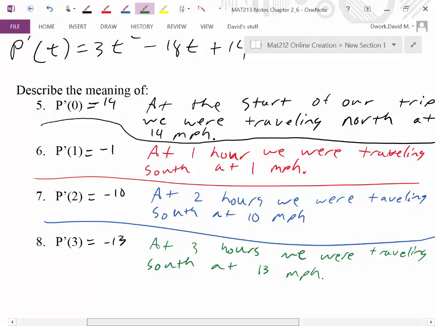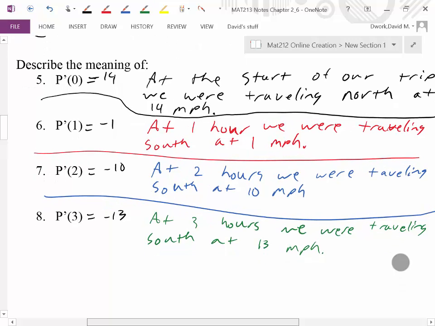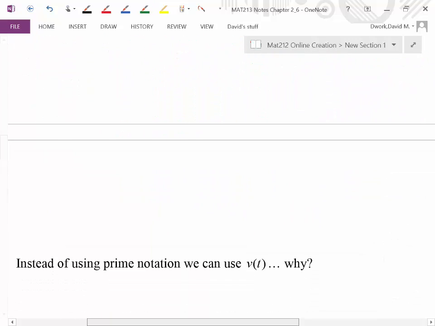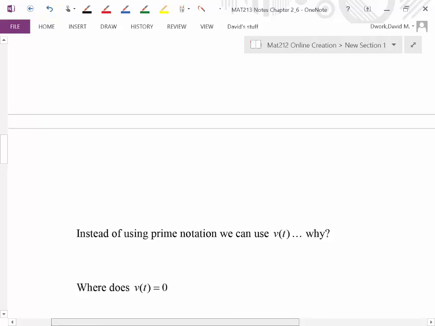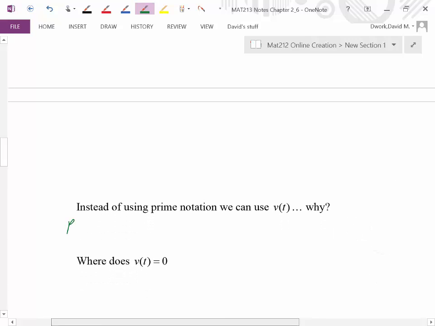It doesn't mean we're traveling that speed for an hour. It was just at that instant we were going 10 miles per hour south. Then at 3 hours after traveling, we were going 13 miles per hour in the south direction.